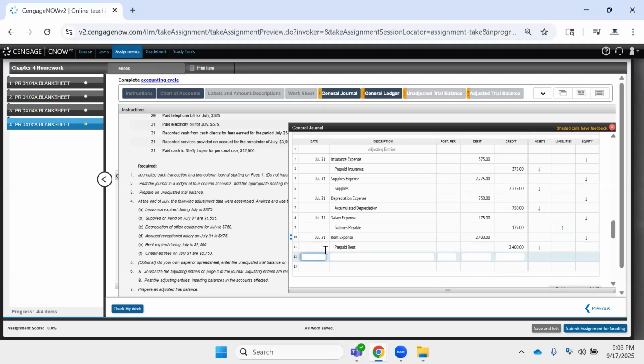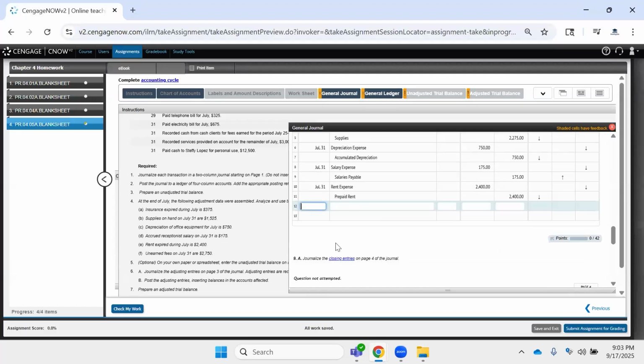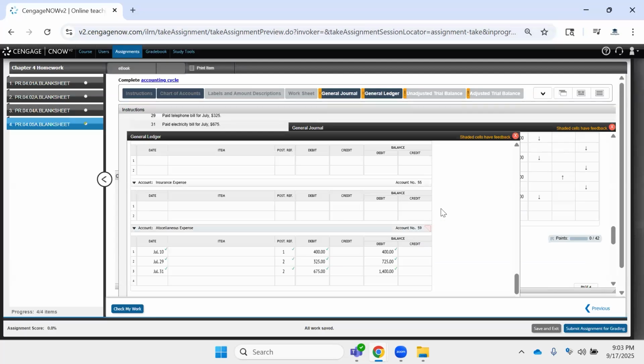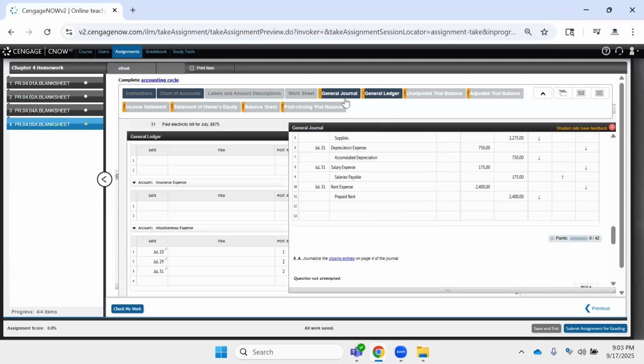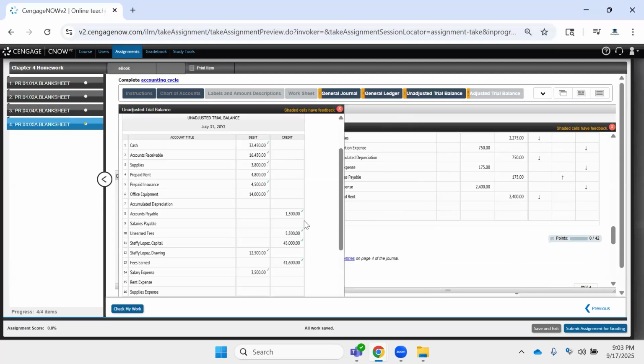And unearned fees on July 31st are 2,750. So we take our amount on the balance sheet, which is 5,500, and we subtract.